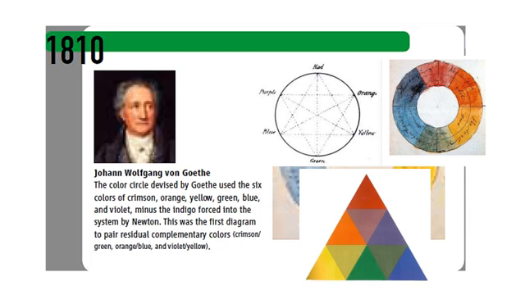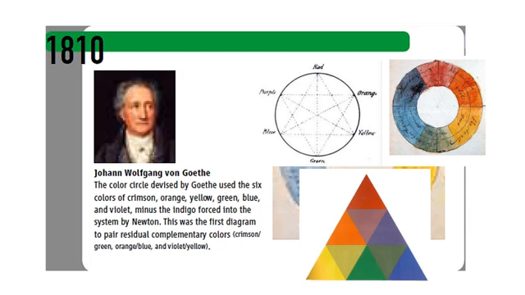Goethe's model of color relationship contained the 6-hue color wheel, which demonstrated primary and secondary colors. He depicted those primary and secondary colors as a triangle, and complementary relationships as a straight line.